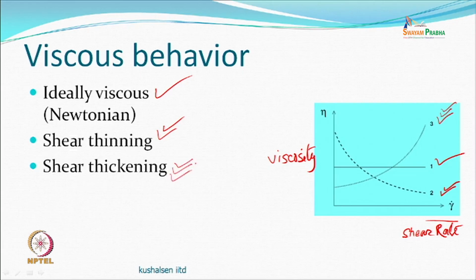These days, a lot of people are working on such solid-liquid combined fluids where, when you apply shear, the viscosity increases. People are using this in body armor. If you put in shear thickening fluids, when something hits, the viscosity increases suddenly.